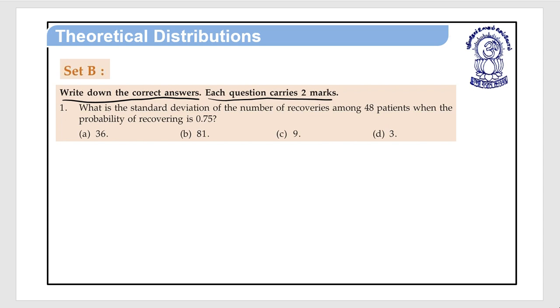First question: what is the standard deviation of the number of recoveries among 48 patients when the probability of recovering is 0.75? Here we have to find out the standard deviation.